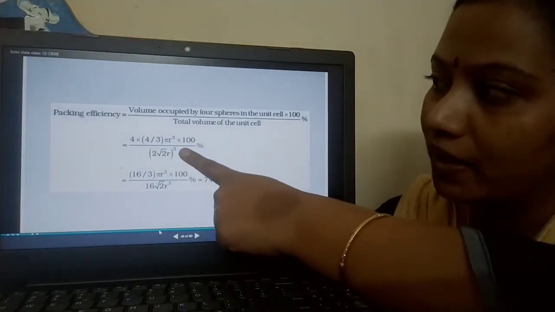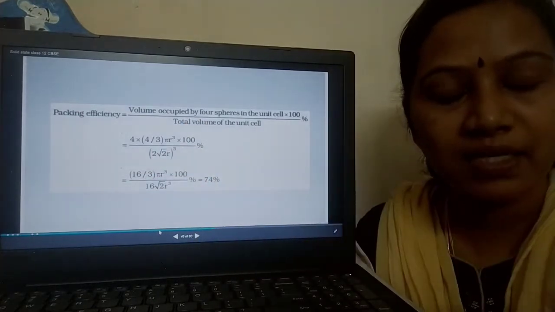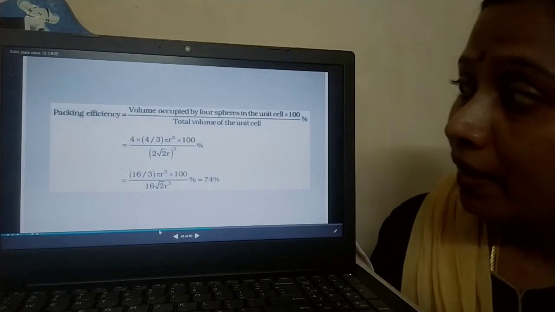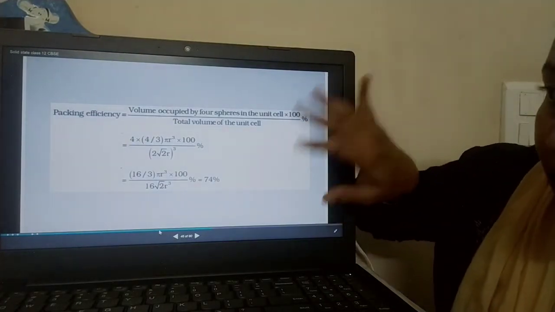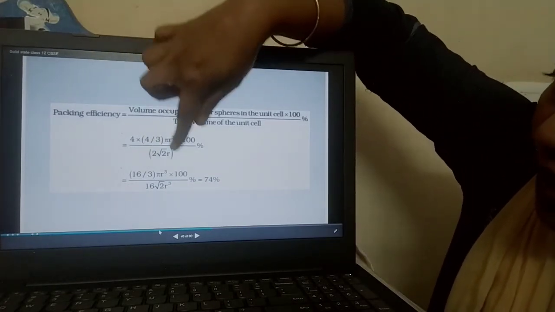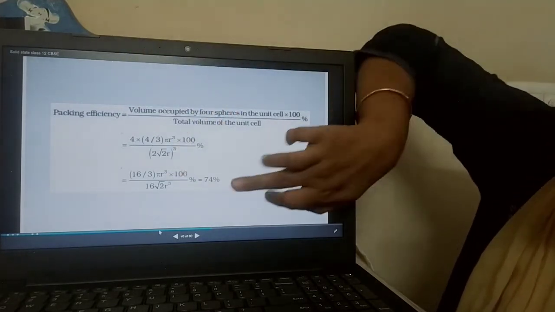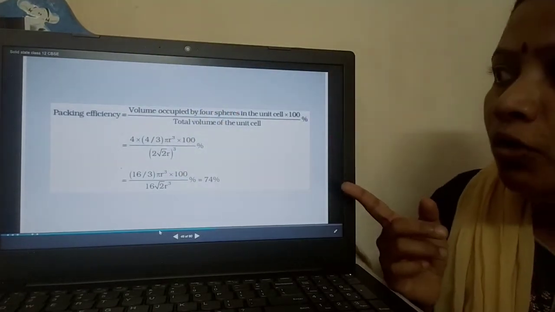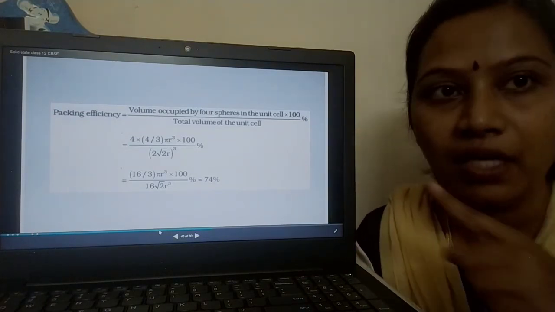So 4 into 4 by 3 pi r cube, divided by the total volume of the unit cell, which we have discussed in the previous slide, that is (2 into root 2 r) cube, into 100 percent. So 4 into 4 by 3, it is 16 by 3 pi r cube into 100, divided by 16 root 2 r cube. So the packing efficiency of the face-centered cubic cell will be 74%.